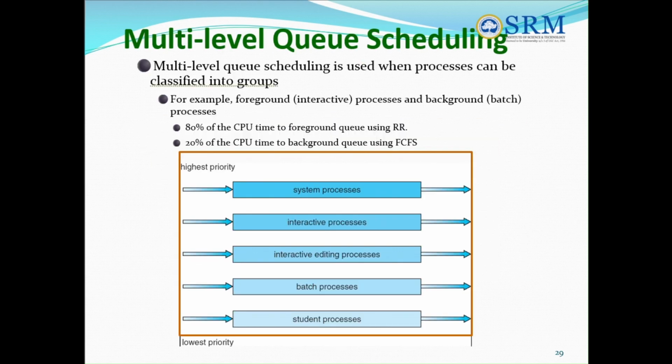Next, in multi-level queue scheduling, multiple queues are there, so we can execute tasks queue by queue. The queues are the system process, interactive process, interactive editing process, batch process and student process. We send the tasks one by one to the processor for execution.